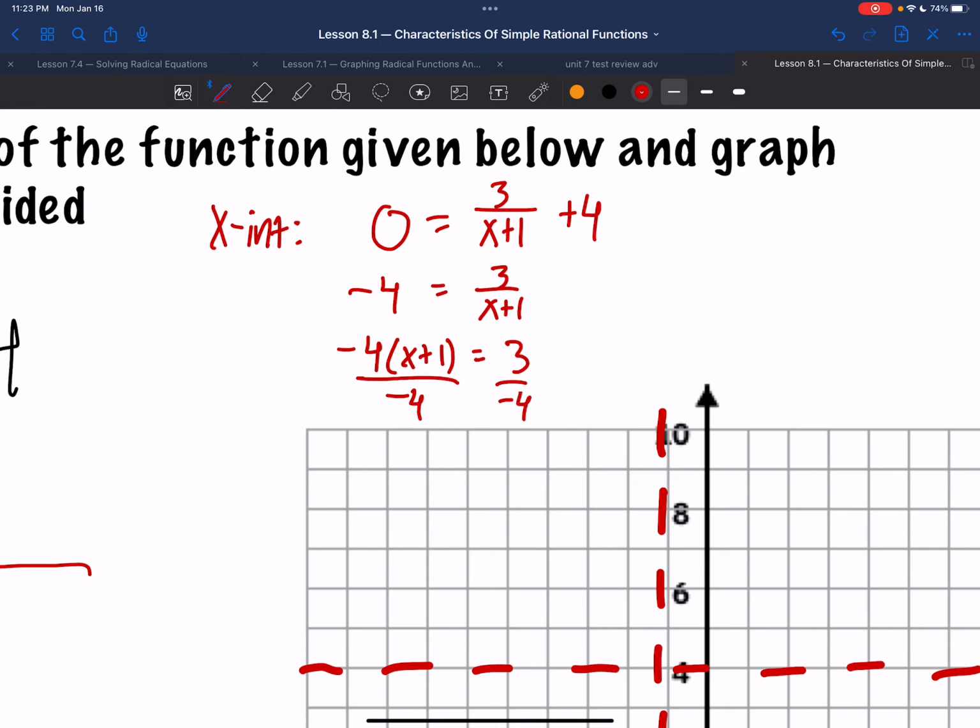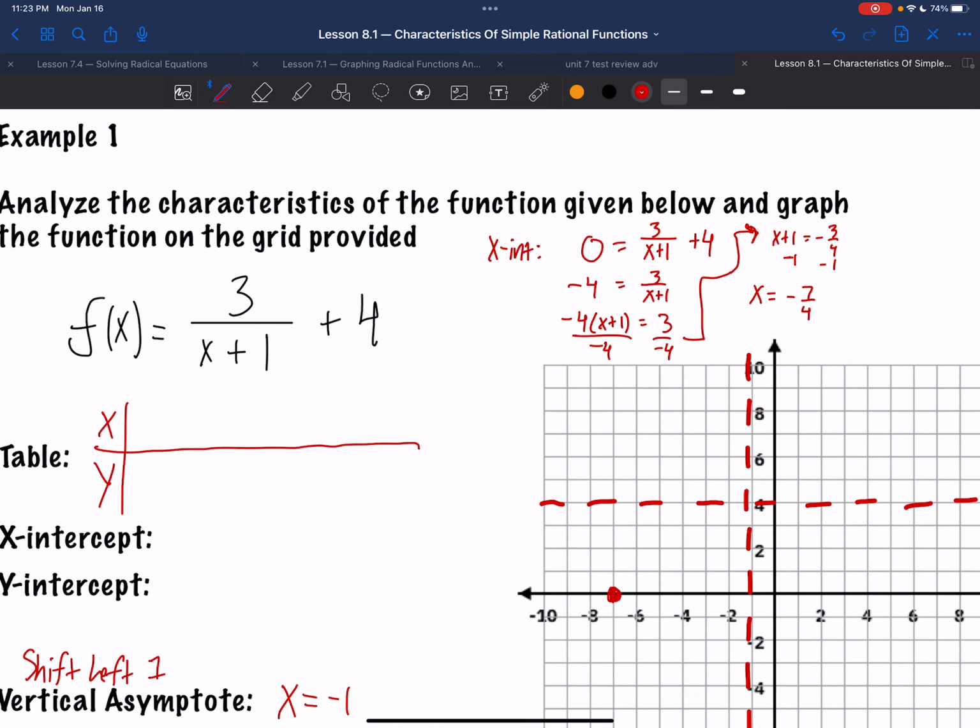That's lame. And so therefore, then I got x plus 1 equals negative 3/4. I'll subtract 1 from that, yielding x equals negative 1 and negative 3/4, which is really just negative 7/4. Okay?